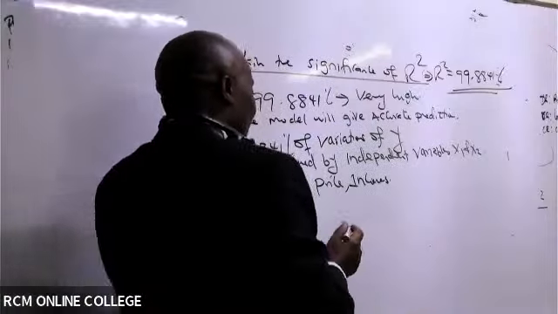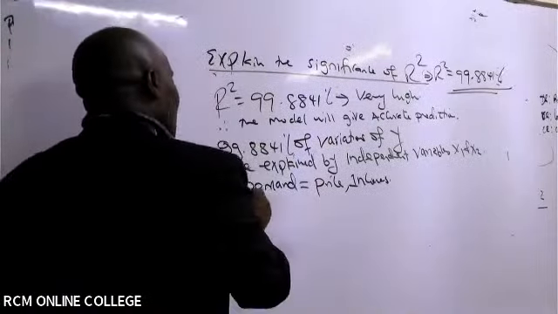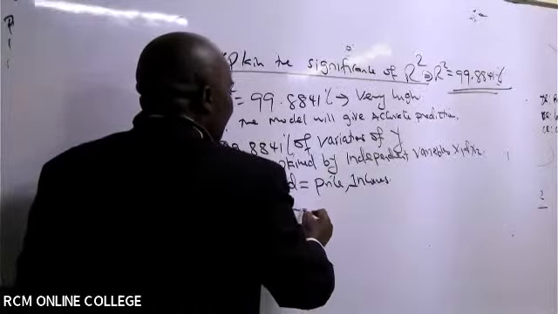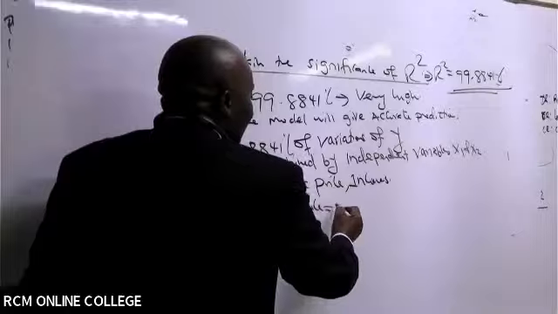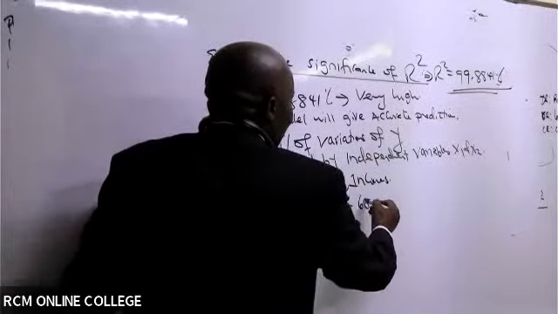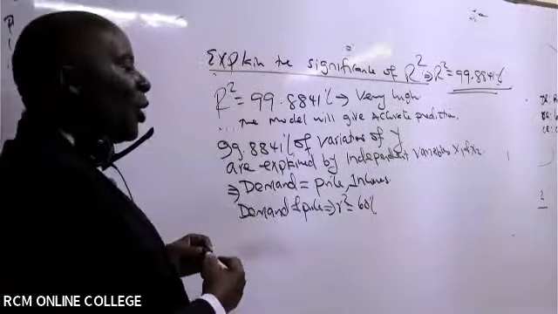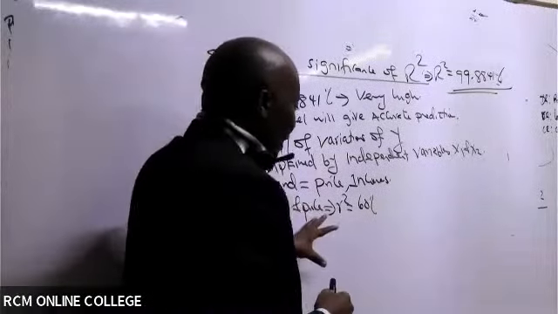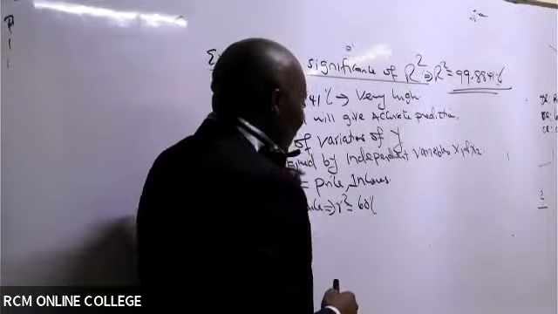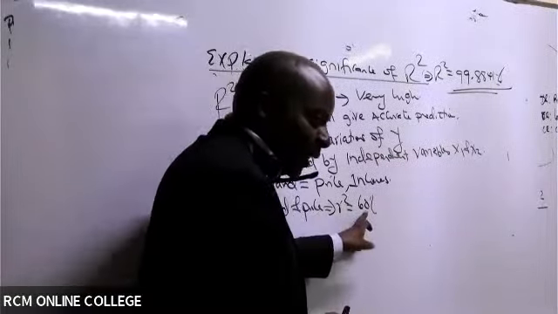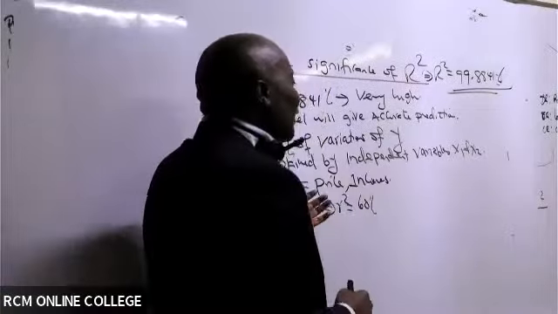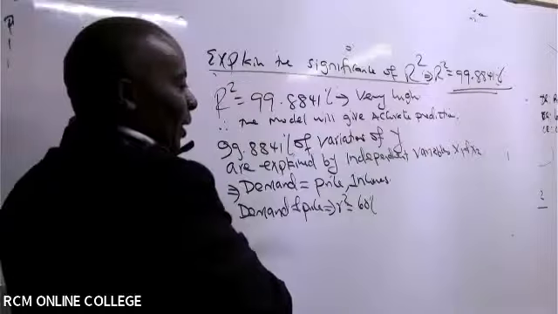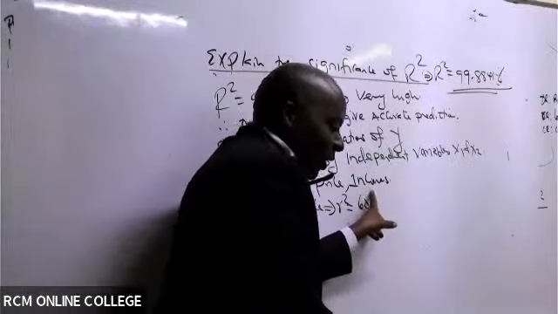When you are doing your research, you can easily do research between demand and price, and then you get R squared of say 60%. What does this mean? It means that price is only able to account for variations in demand up to 60%. So there are other factors that are not within the model, like income.